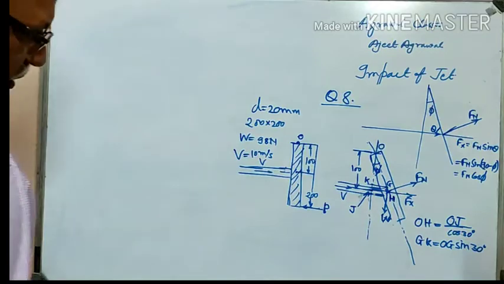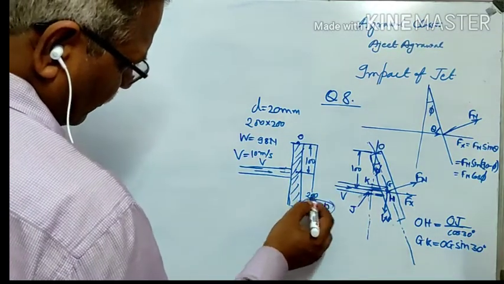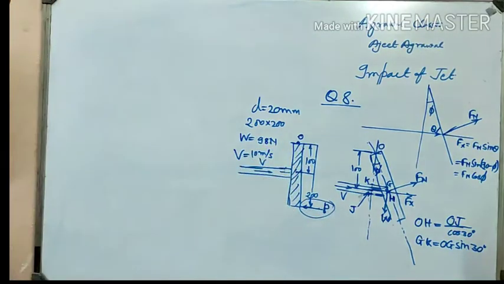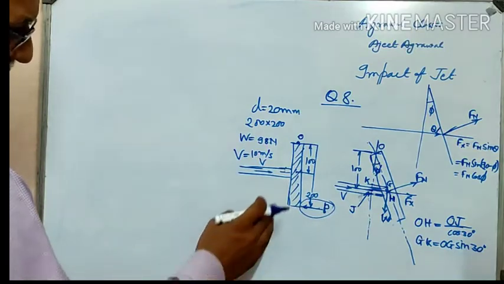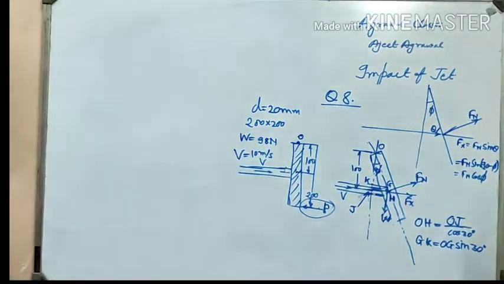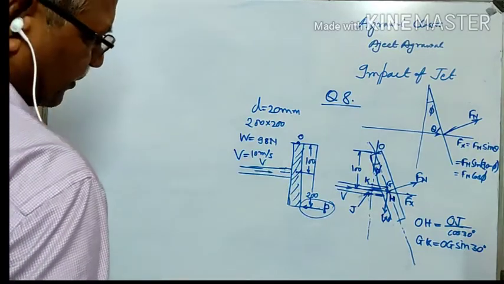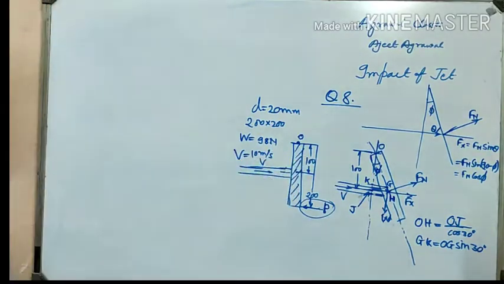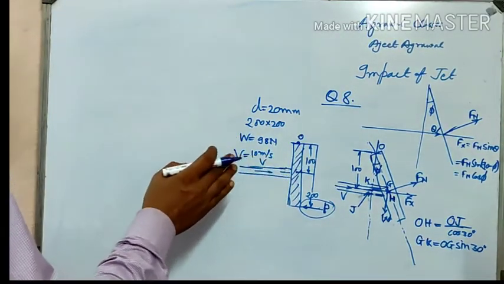We have to find out how much force P we should apply at the bottom end of the plate, the extreme end, so that the plate should remain vertical. This is a simple plate vertical to the jet.